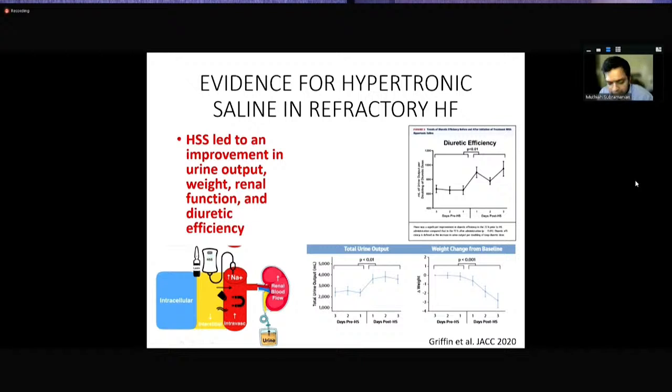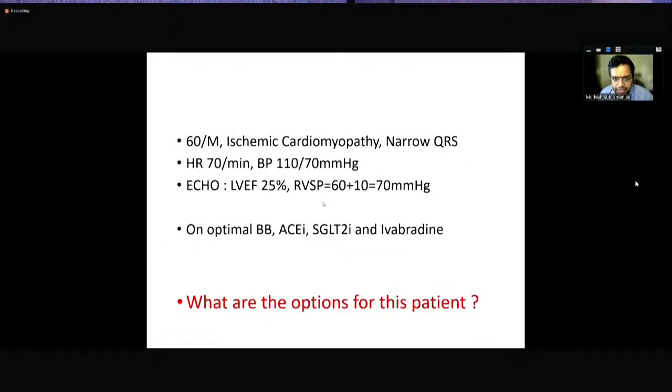You will increase your renal blood flow, but you will also, because it is a hypertonic saline, you may be able to pull in water from your interstitial space. So in terms of patients where you feel the diuretics are not working as well, it's opposite to what we usually think about. But a hypertonic saline will also help you sort of to improve the efficiency of your loop diuretics.